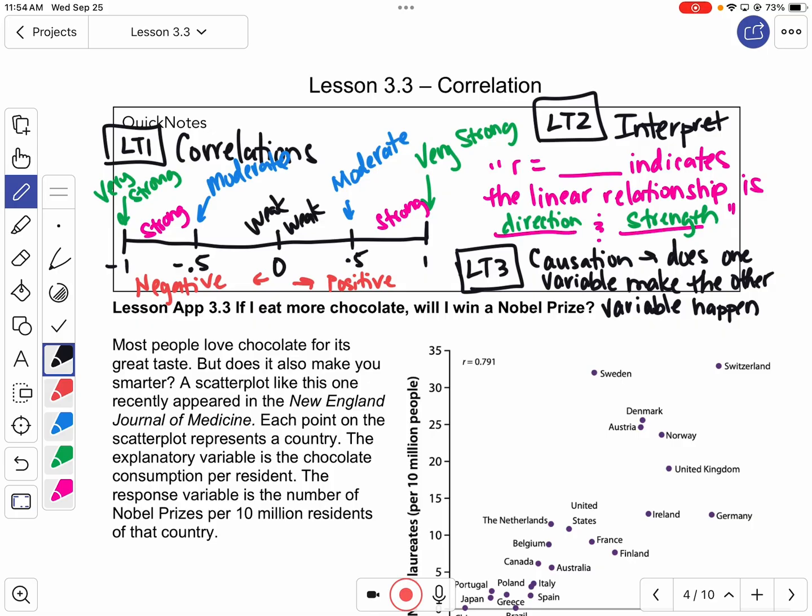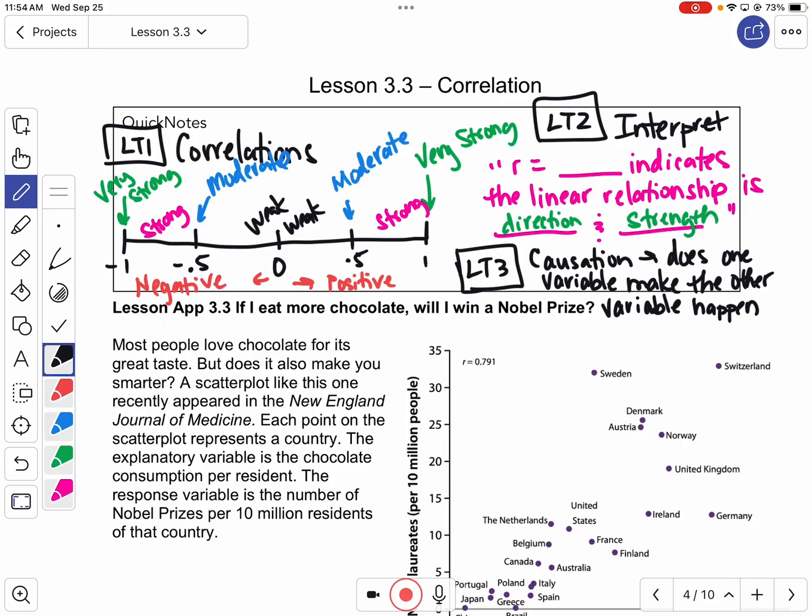Now, correlation, if we look at a set of data and we see that it's linear, that does not necessarily mean that my two variables caused each other. For example, let's say we collected data from a specific group of people about their ACT score and their t-shirt size. Is there really any relationship between their ACT score and their t-shirt size?